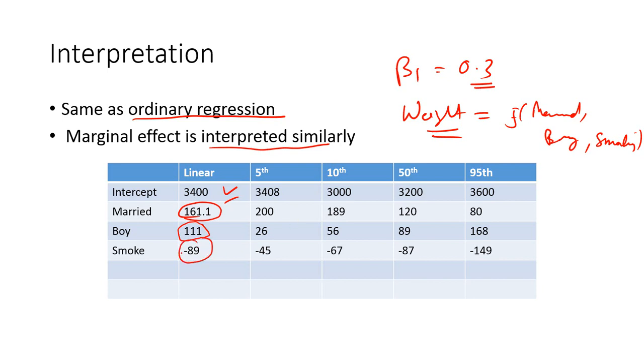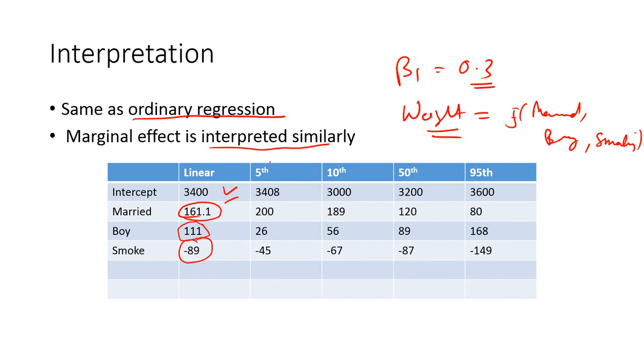And if the mother is smoking, on average, you get 89 units less weight than if the mother is not smoking. It may not be in kg. But if you go back to the same question, does it happen the same for all the quantiles? It could be different.